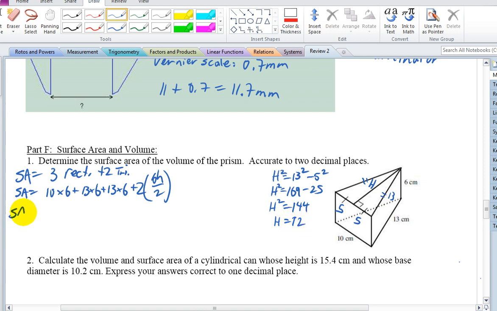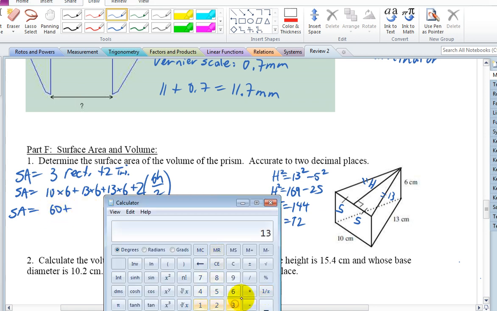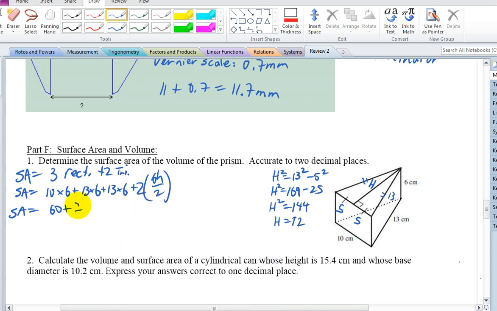So surface area equals 60 plus, what's 13 times 6? 78. The base of the triangle is 10. The height is 12. And we divide that by 2.